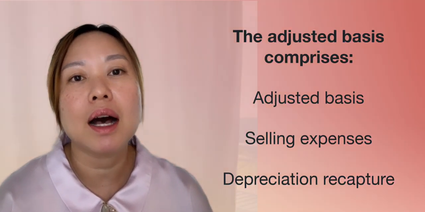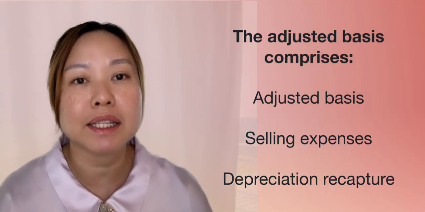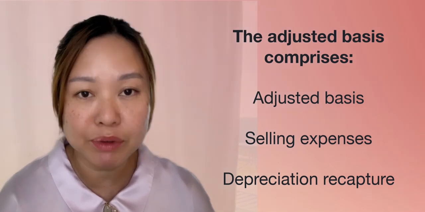The next component that we need to calculate is the adjusted basis, which is comprised of the adjusted basis, the selling expenses, and depreciation recapture. If the sold property was the taxpayer's main home, the gross profit is reduced by any excluded gain.